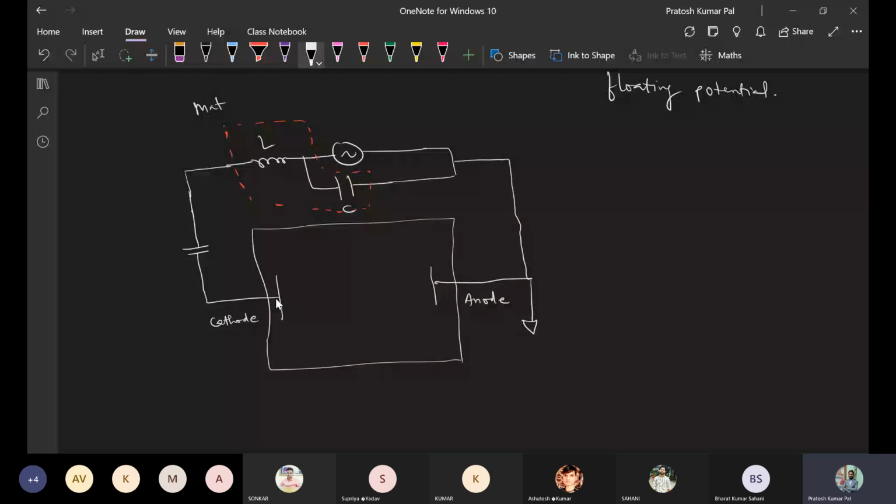If we are supplying RF power, then in one cycle this plate will be connected to the positive terminal, and in the next cycle it will be connected to a negative terminal. Suppose this first plate is negatively connected and this one is positive.